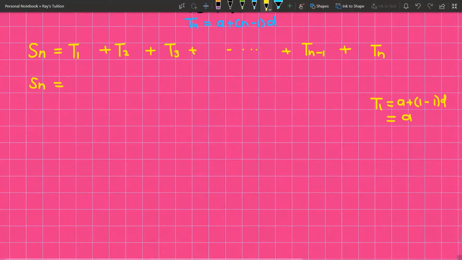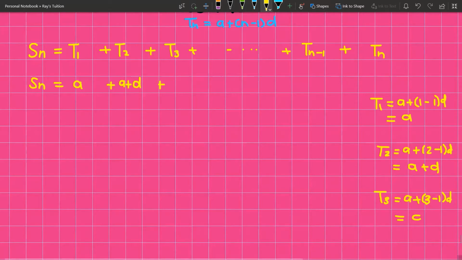So Sn is a plus, now let's put in T2. We get T2 by substituting 2 in the general formula, so here we get a plus d. For T3, again we substitute 3 into our general formula, and we get a plus 2d.